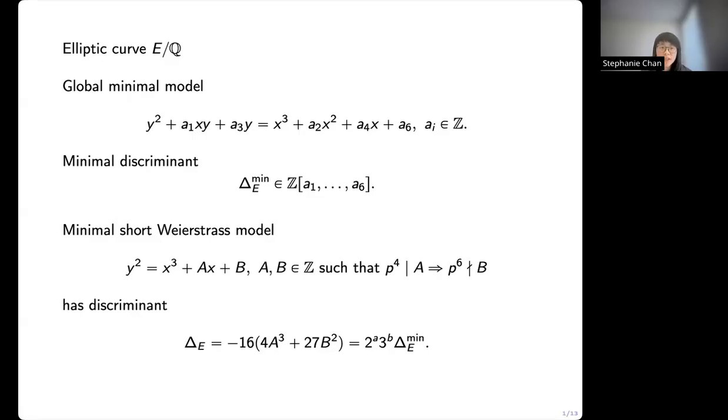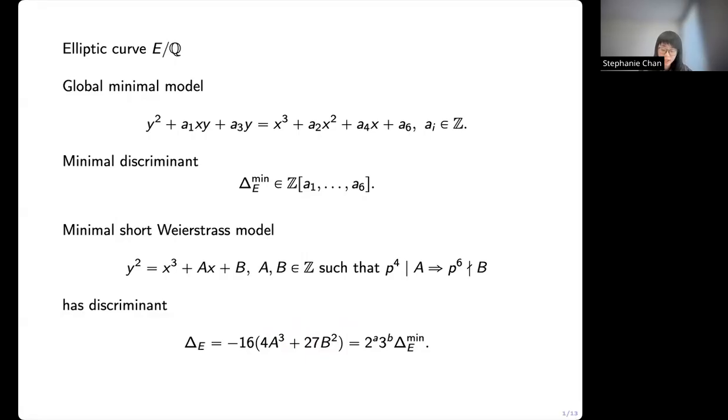The discriminant of this minimal Weierstrass model is just some factors of 2 and factors of 3 times the minimal discriminant of the curve. If we're a bit sloppy and don't care about the factors at 2 and 3, then for simplicity of this talk, I will just think of the minimal discriminant as something related to this polynomial in terms of just A and B. It will turn out that the factors in 2 and 3 do not really matter so much in what I'm going to study.